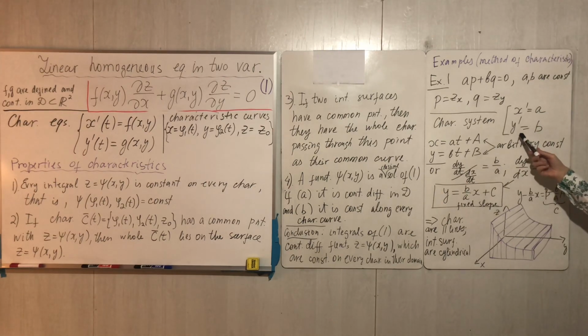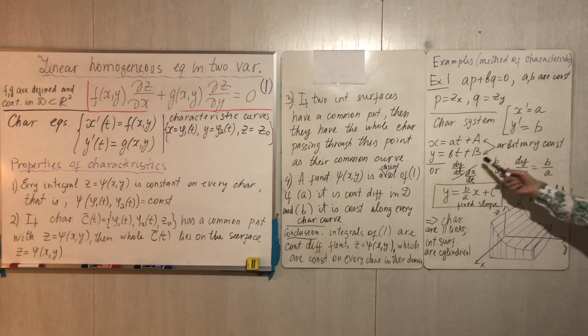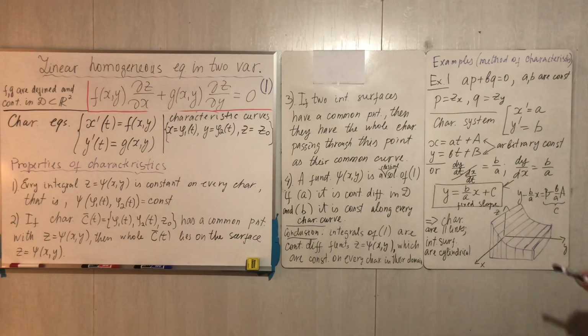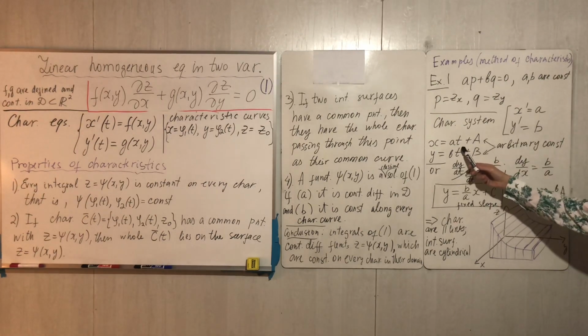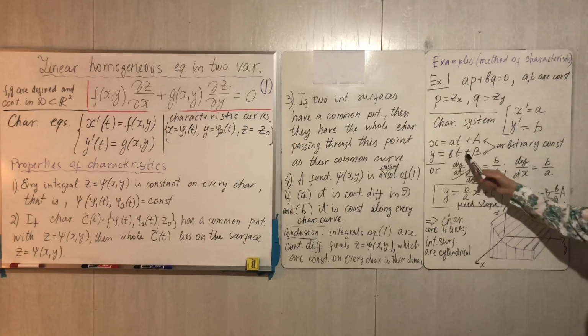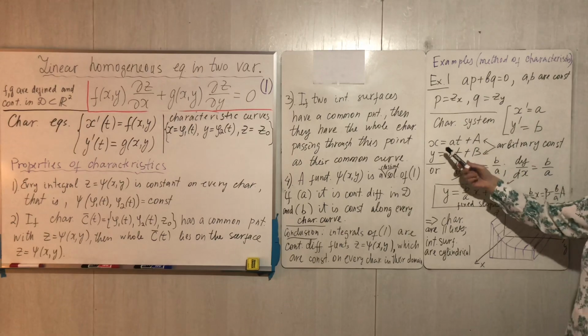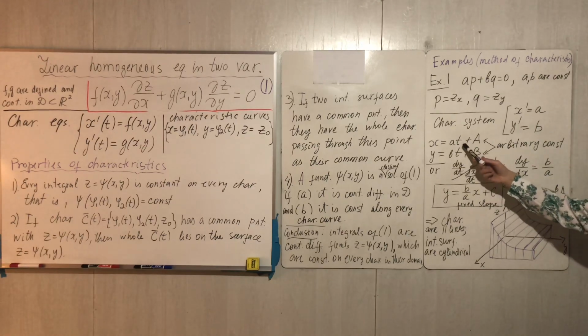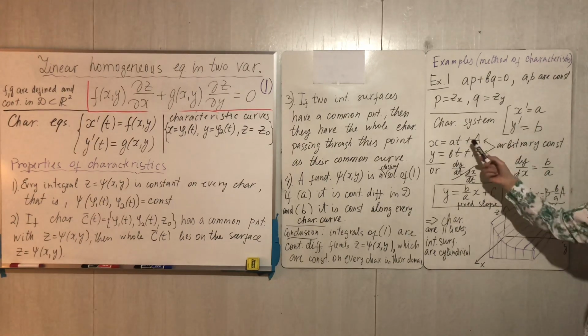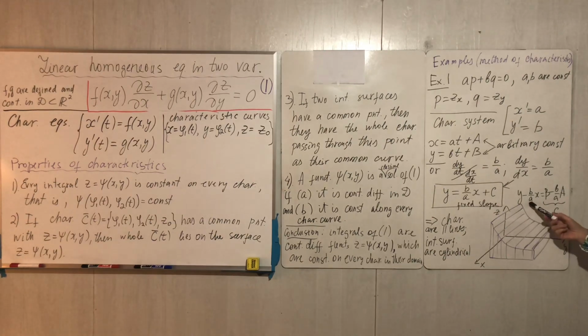The solution to the second equation will be bt plus a constant. So this is just an arbitrary constant of integration. And if we want to eliminate t from these two equations, to have y as a function of x, then we can express t from here, plug it in here, and then we will get that y minus b over a x equals this constant.